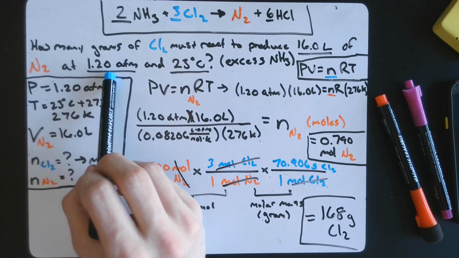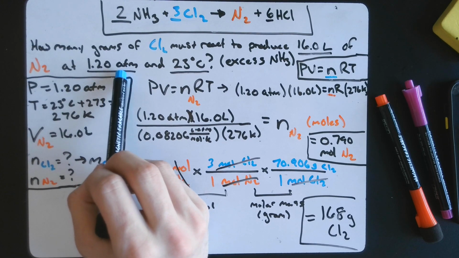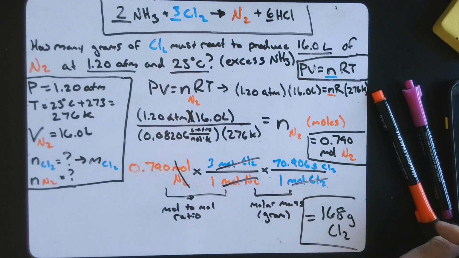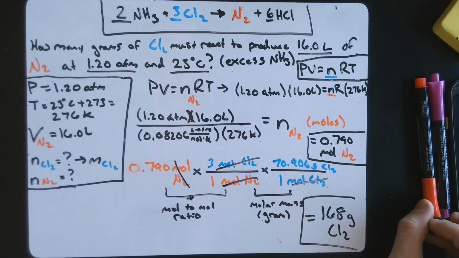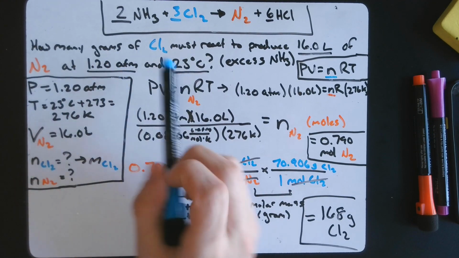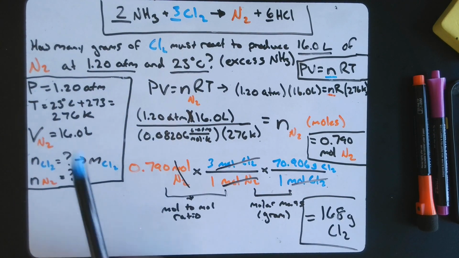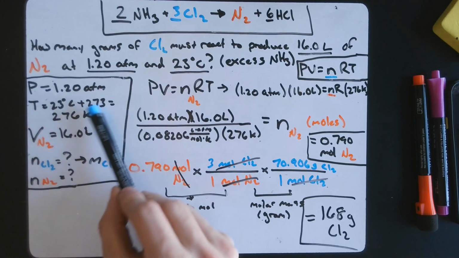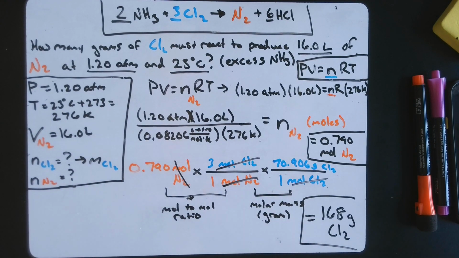Maybe your given pressure is not in atmospheres. Maybe it was in torr, or maybe it was in millimeters of mercury, and you would have had to convert that. Our temperature here was given in degrees Celsius, and I had to convert that to Kelvin. Luckily, Celsius conversions to Kelvin are kind of easy. You just add 273. But it can get more difficult if pressure needed to be converted.